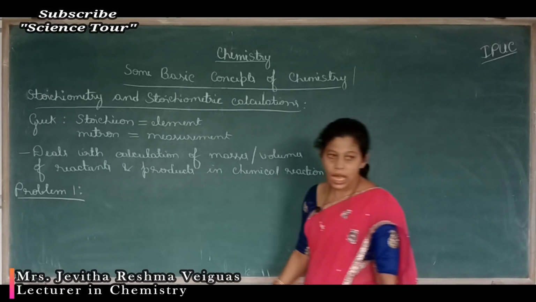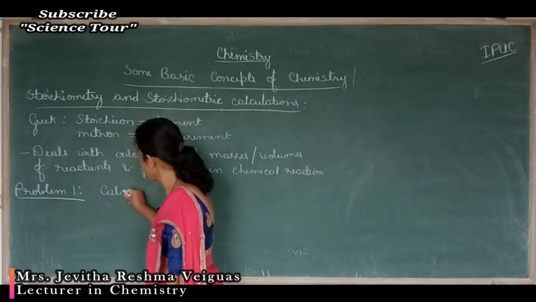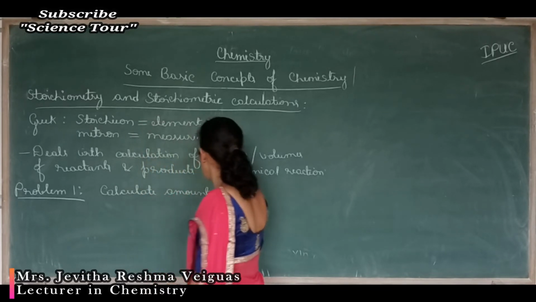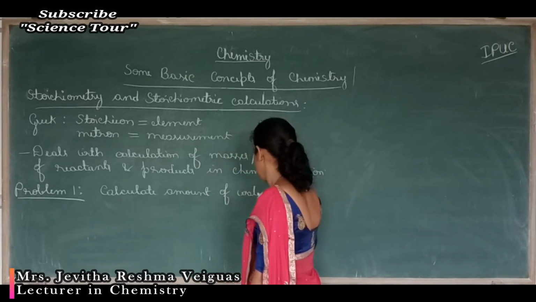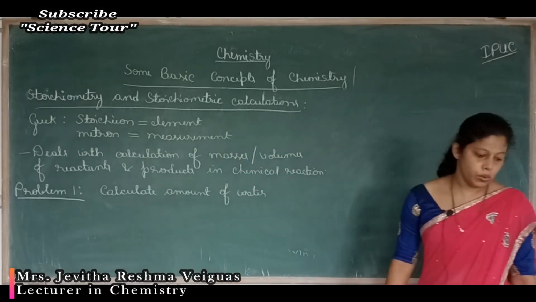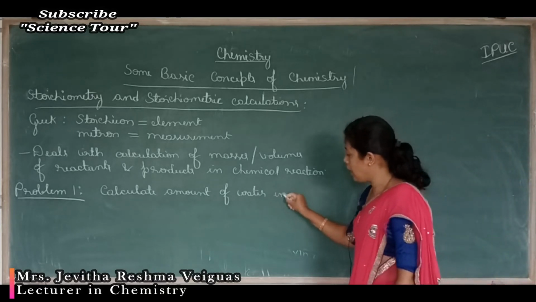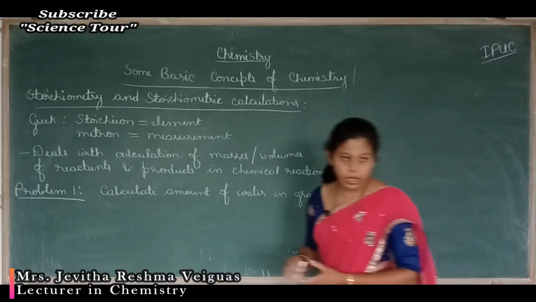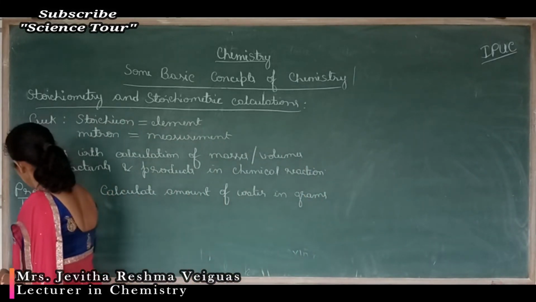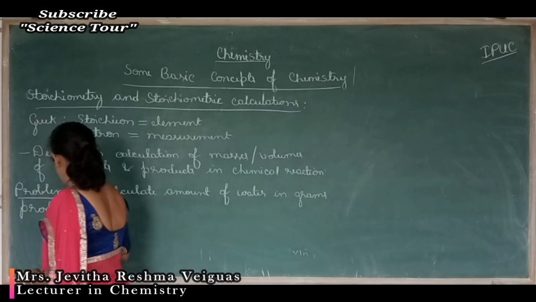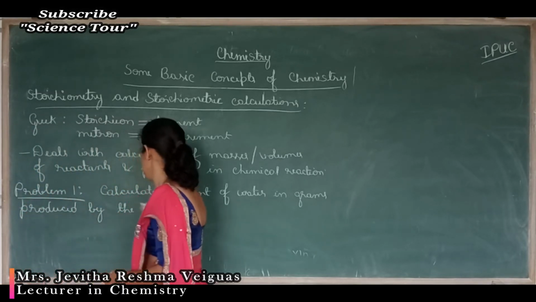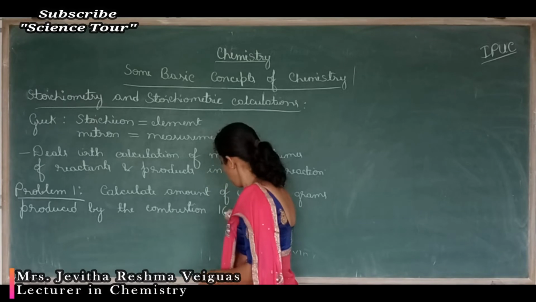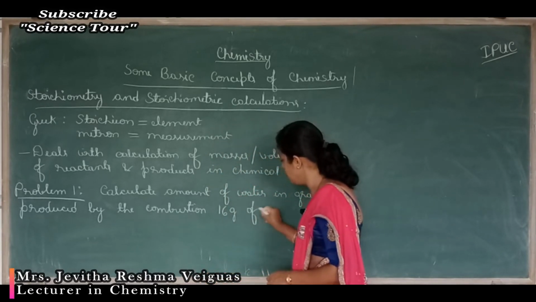Problem is, calculate the amount of water, H2O, in grams produced by the combustion of 16 grams of methane.